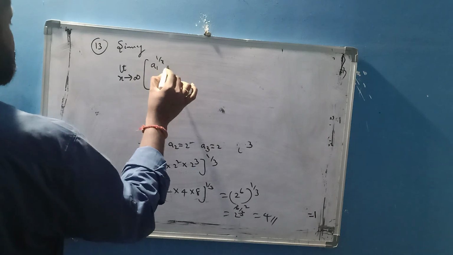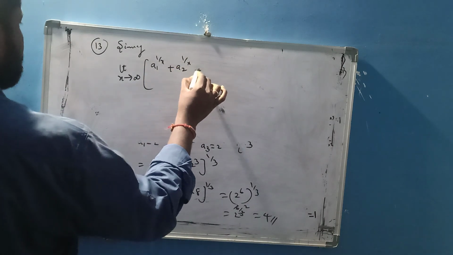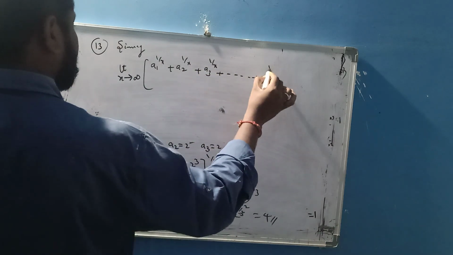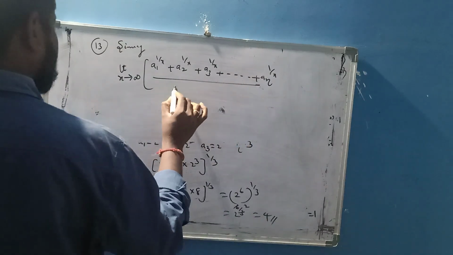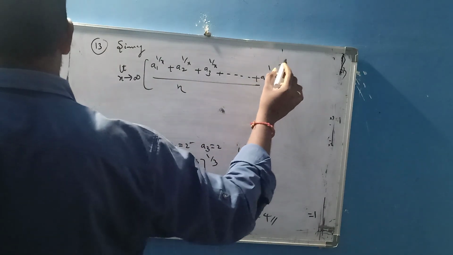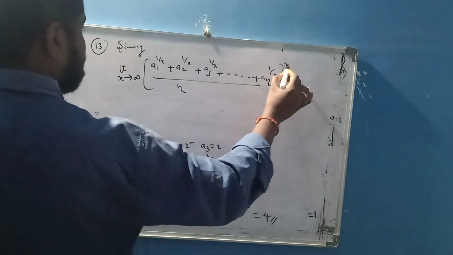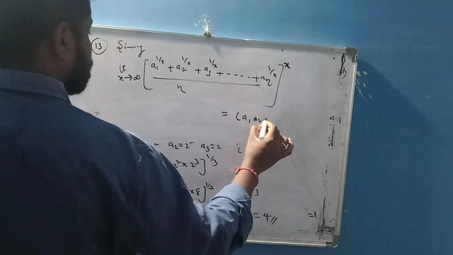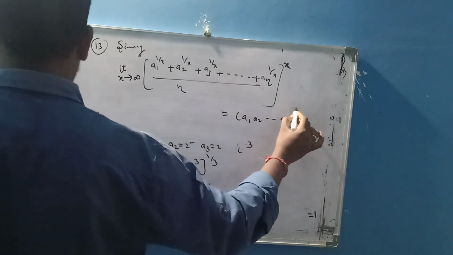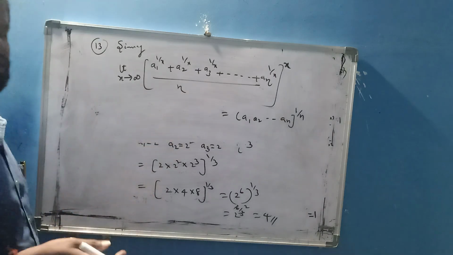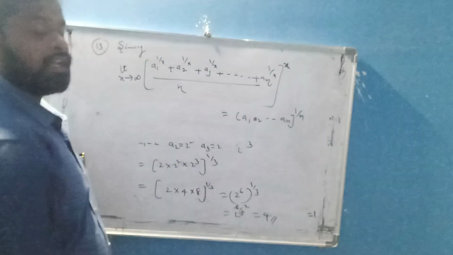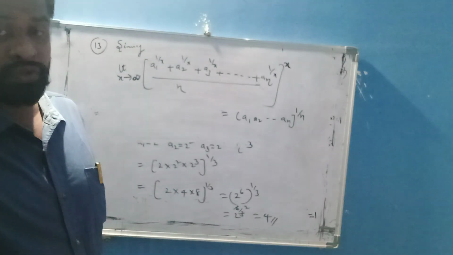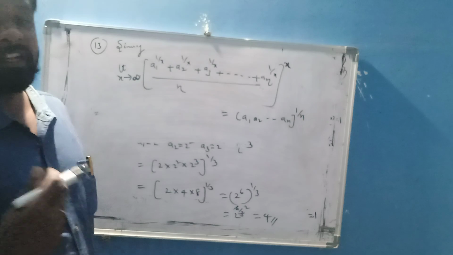(A1 power 1 by x plus A2 power 1 by x plus A3 power 1 by x plus so on, An power 1 by x) by n, whole power x is equal to the same formula, (A1, A2, so on An) whole power 1 by n. When it is limit x tends to 0, that is the 12th one. Here the 13th one is limit x tends to infinity.